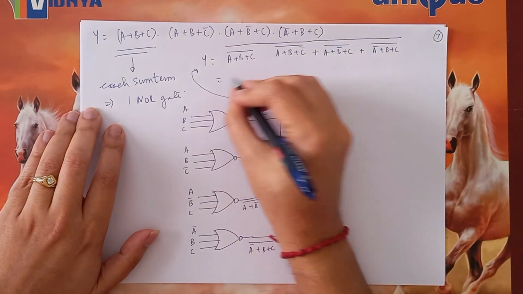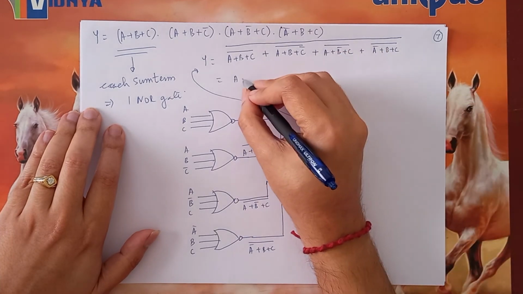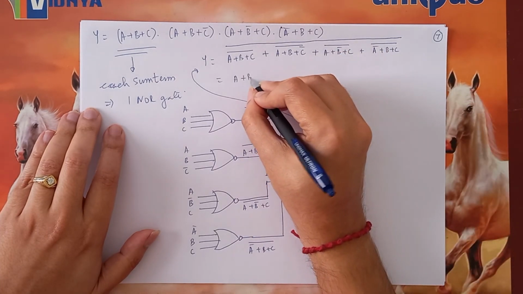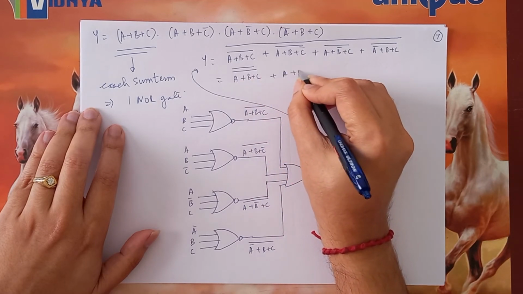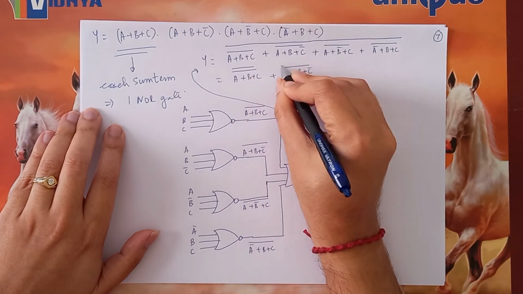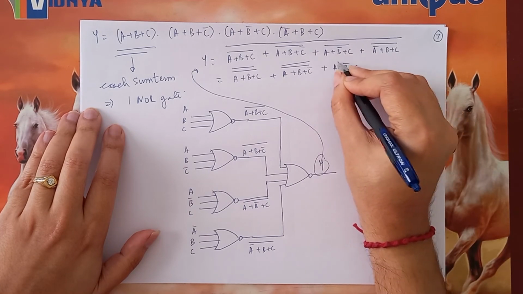Once again, using De Morgan's, you will get A plus B plus C bar bar plus A plus B plus C bar bar bar plus A plus B bar plus C bar bar.